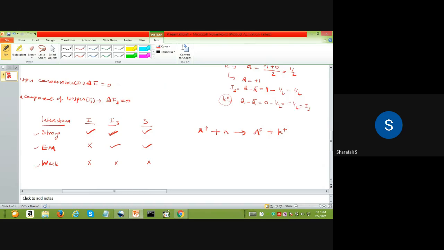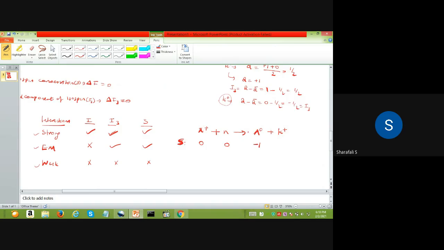This is the lambda particle, this is the neutron, this is the pion. First we consider strangeness S. For pions this is 0, they are not strange particles. Neutrons are not strange particles. And for lambda 0, the strangeness is equal to -1. You can calculate that value by using the Gell-Mann formula, or you can memorize it, no problem.